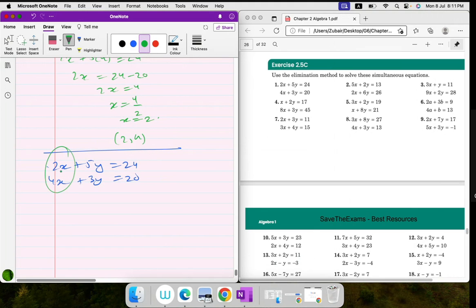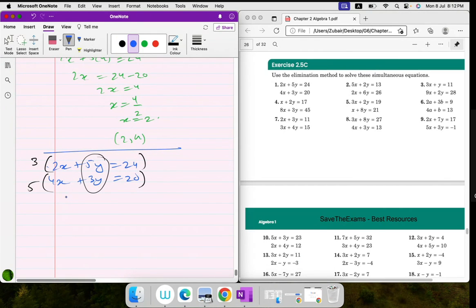Obviously, we can see that only multiplying the first one with 2 will make both these coefficients same, and with minus 2, same and opposite sign. But what if I just choose to make y same? Then I will have to multiply the first equation with 3 and the second equation with 5, swapping coefficients. Yes, sir.